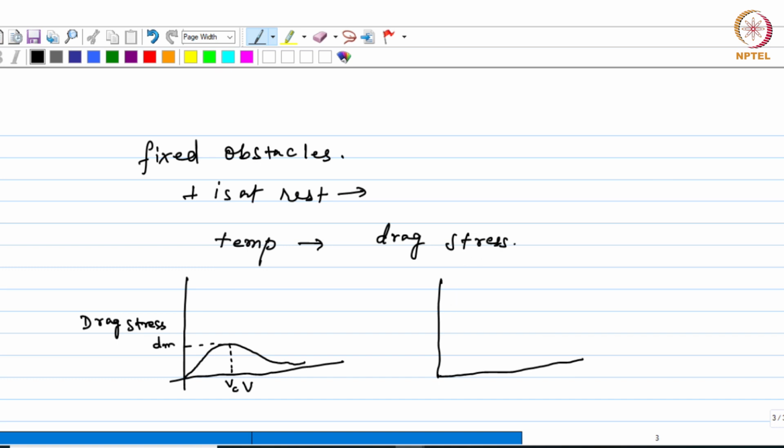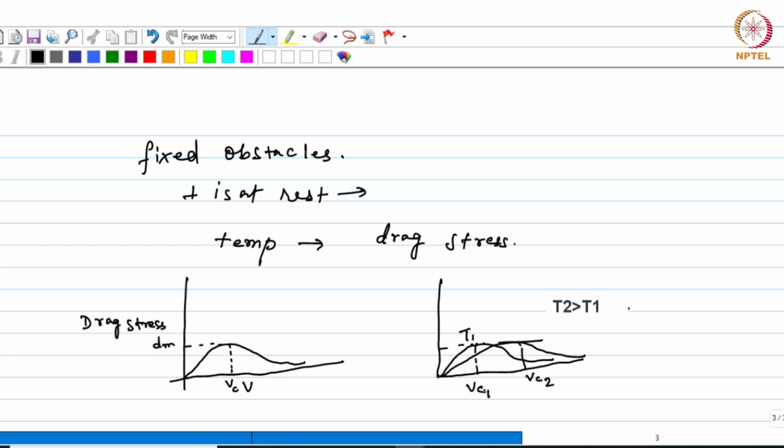So if this is at one temperature, let's say T1, and it is increased to T2, then the corresponding plot will be like this. Okay. So this is the critical velocity corresponding to the temperature T2, and this corresponds to the temperature T1.